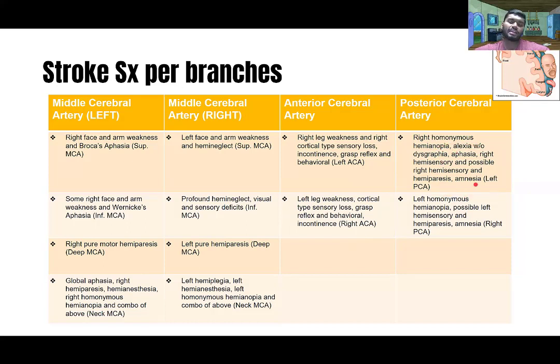And finally, I mentioned that the PCA supplies the medial inferior temporal lobe, also called the entorhinal cortex, which houses your hippocampi. So it can possibly cause amnesia. However, for amnesia to form, you need damage to both sides, to both of your hippocampi.